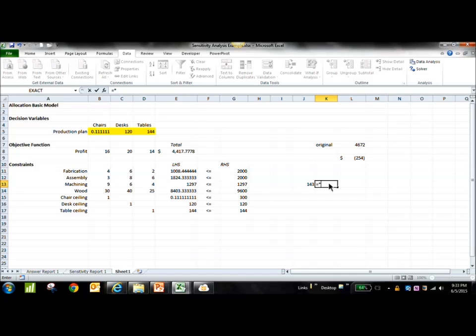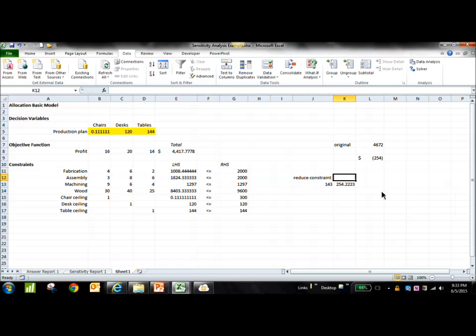So what happened is we take this value multiplied by 1.77778, and that gives us this value. See? This is the relationship between reduced constraint impact on objective function.